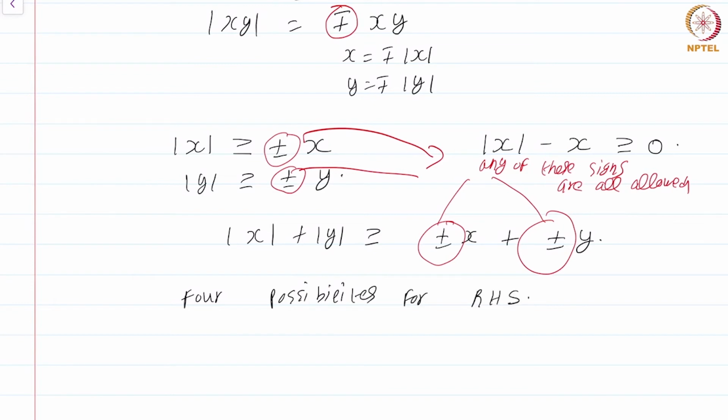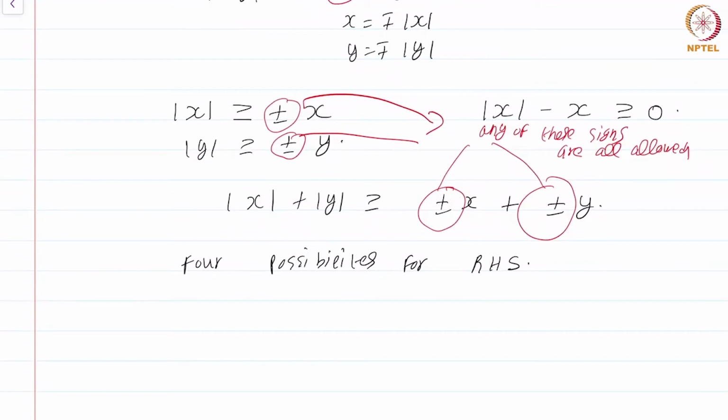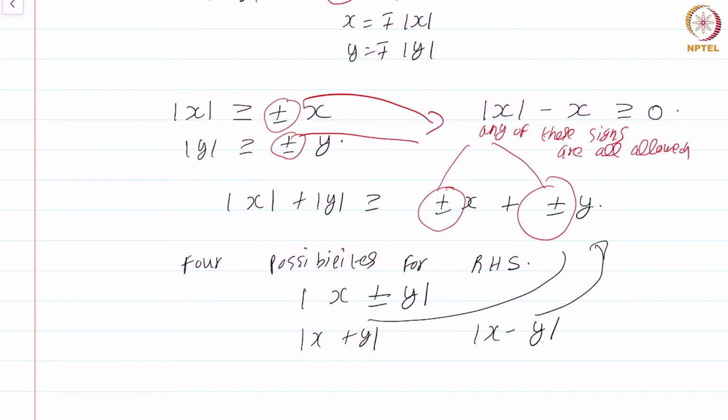Now observe that we want to show that mod x plus mod y is greater than or equal to mod of x plus y, and mod x plus mod y is greater than or equal to mod x minus y. Observe that these quantities, mod x plus y and mod x minus y, are 2 of the 4 possibilities here.